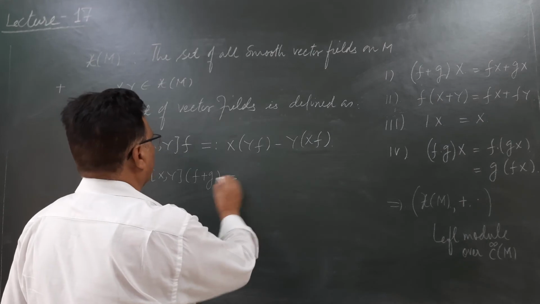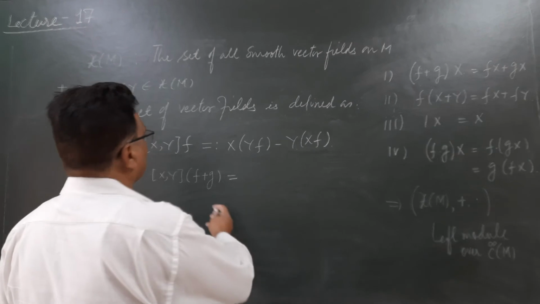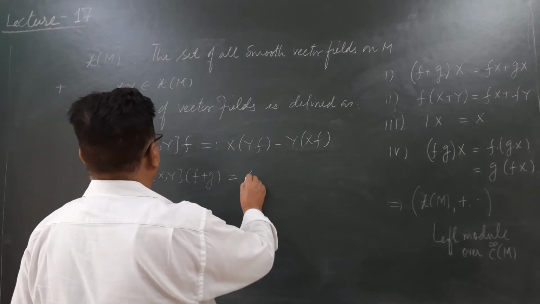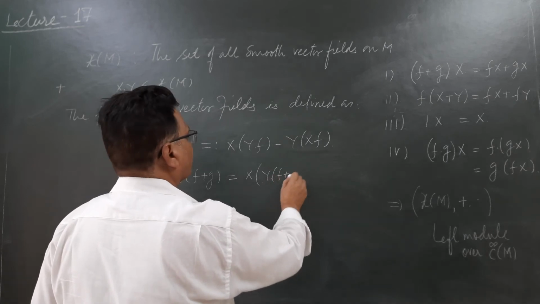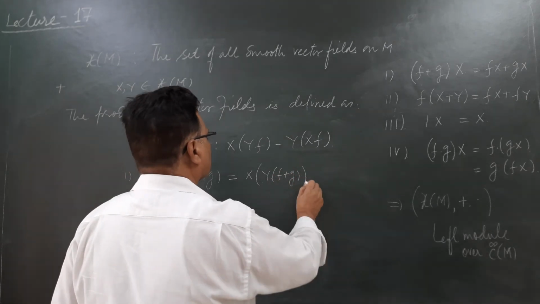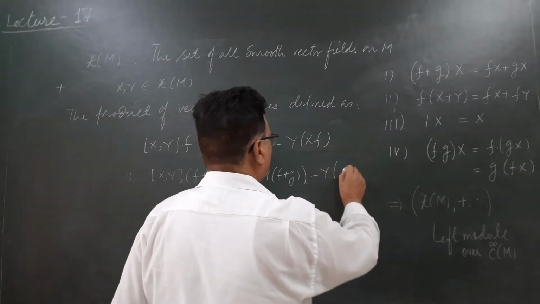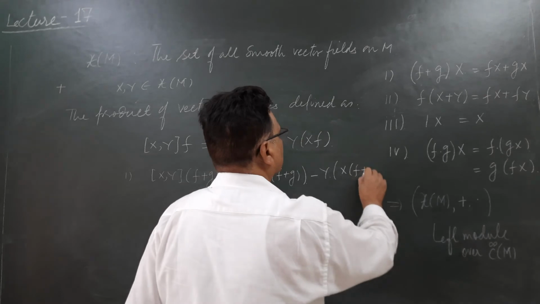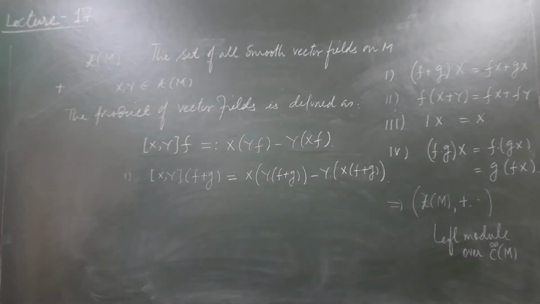तो पहले तो हम ये डेफिनेशन लगाएंगे ली ब्रैकेट की. तो उस ली ब्रैकेट की डेफिनेशन के हिसाब से XY operating on f plus g, माइनस Y ऑपरेटिंग ऑन X f plus g, by the definition of Lie product.